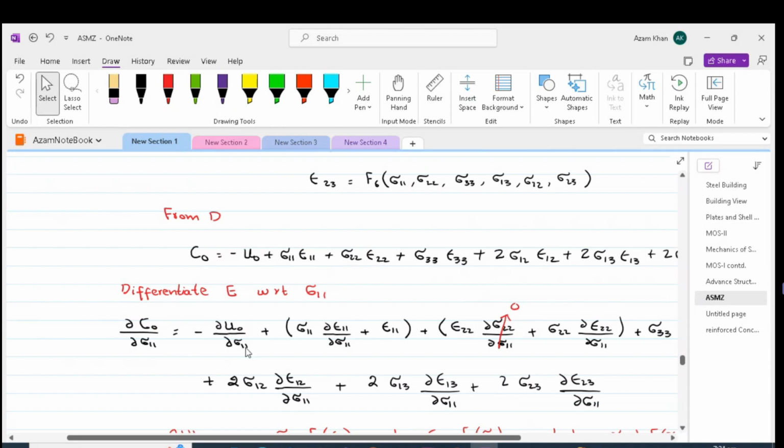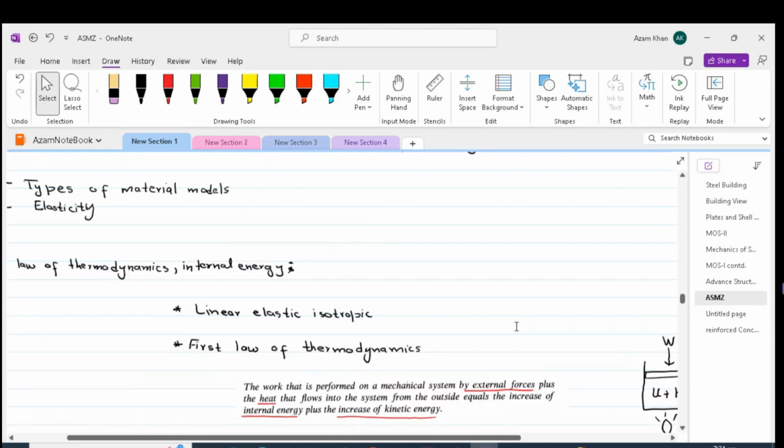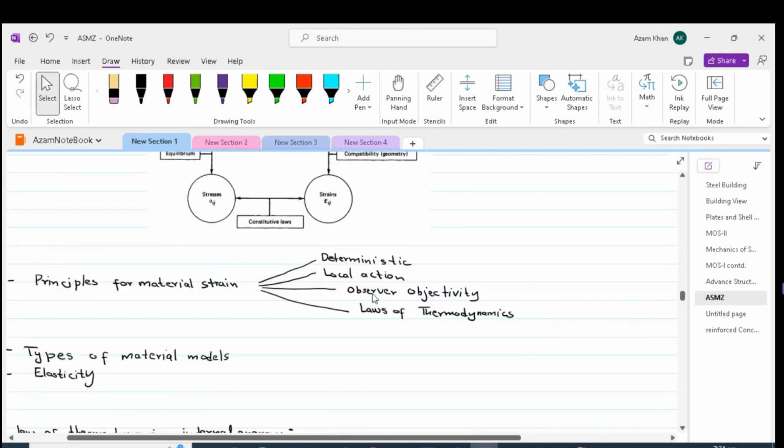Sigma 22 is not dependent on sigma 11, and we clearly mentioned this at the start of our lecture when we were discussing local action, in which we said that although the stresses are dependent on all the strain components at the point and the strains are dependent on all the stress components at a point, a stress or a strain at a point is independent of stress or a strain at another point.